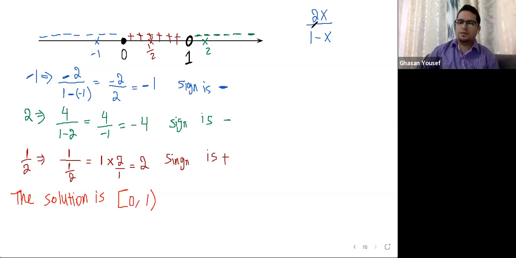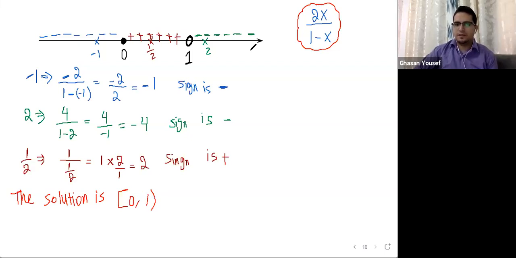Exactly, it will not be included. If I plug in the 1 here, in the original question, 2 times 1 is 2, over 1 minus 1 is 0. 2 over 0 is undefined. So I cannot plug in the 1 at all in this inequality.